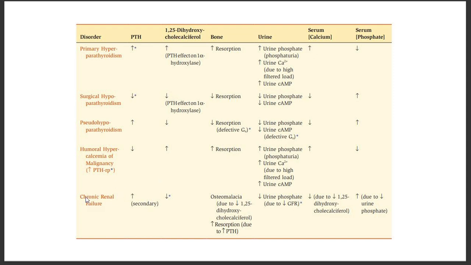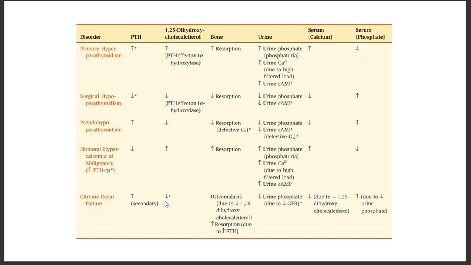How about if you have chronic renal failure, where the kidney has failed and it's been for a long period of time? What will happen is that the parathyroid hormone is going to be high, because low calcium is going to send an instruction to the parathyroid gland to produce more of the hormone. So that's why it increases.